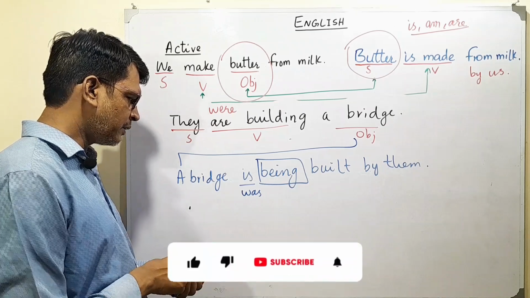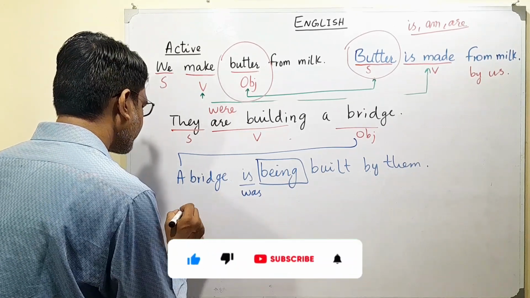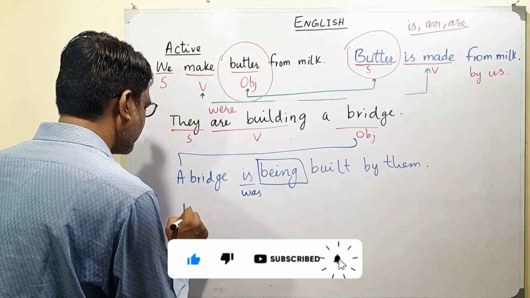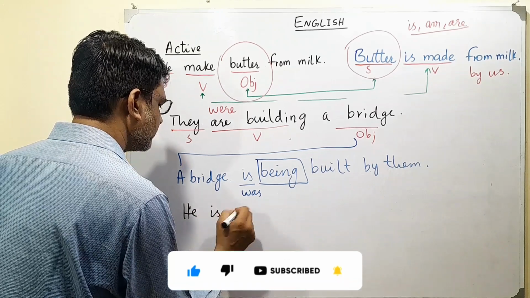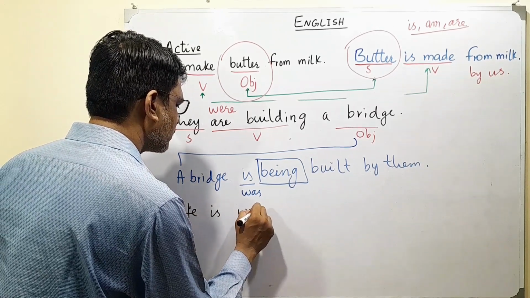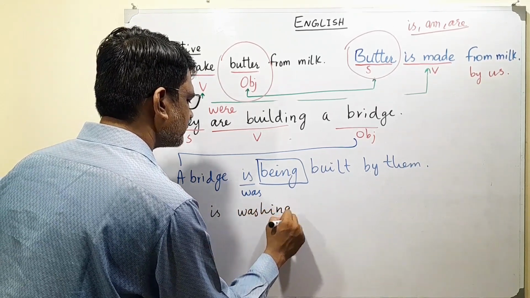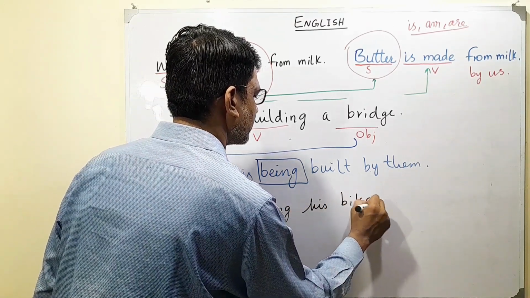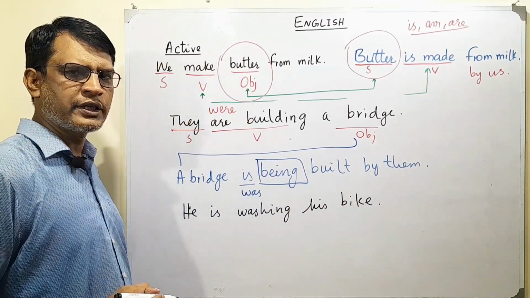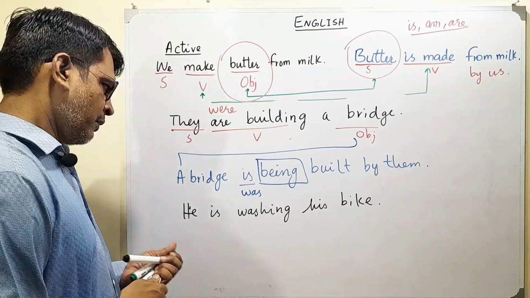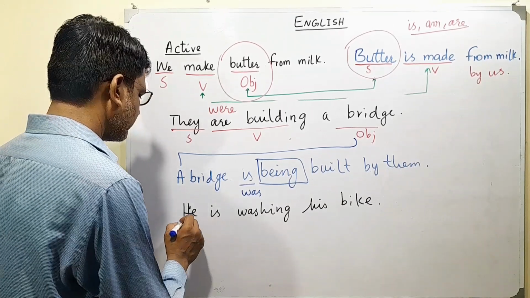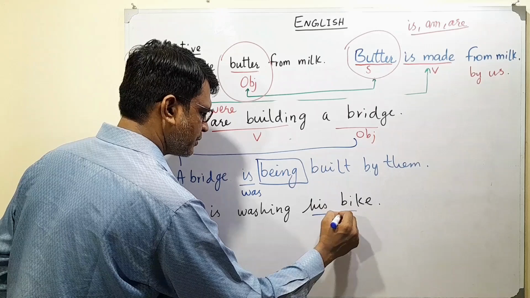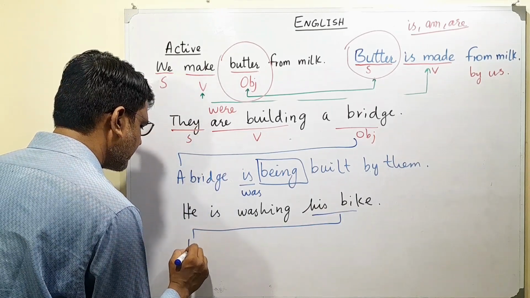For example, we said that he is washing his bike. Okay. He is washing his bike. Now, we know that our object is this, so we'll bring it here.